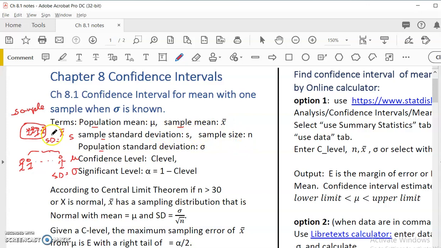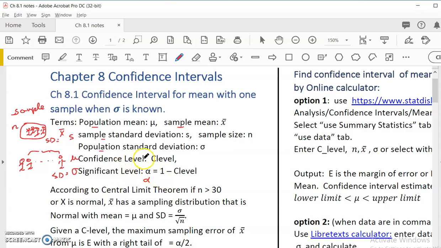And then sample size: I have 10 people in this sample, so size will be n. What is confidence level and what is significance level? So 2 more terms. I think significance level you might have heard before. Significance level was alpha, another Greek letter. Alpha is what is unlikely, and we know by default the unlikely probability is 0.05.